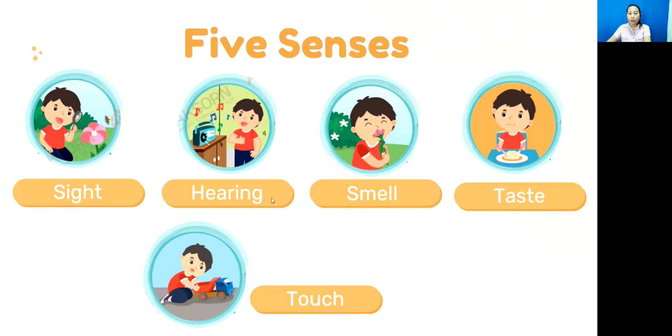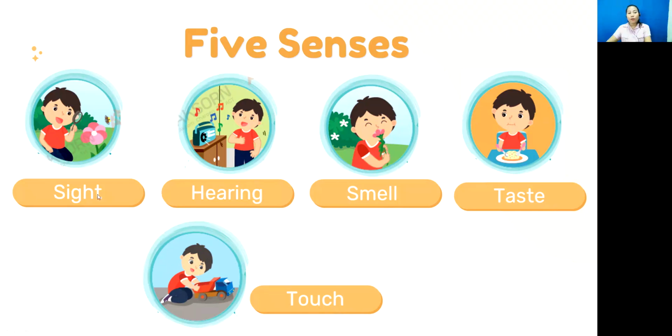We use our sense of hearing, which is our ears. We use our sense of smell, which is our nose. And we use our sense of taste, which is our tongue. And we use the sense of touch to feel the things by using our hands.